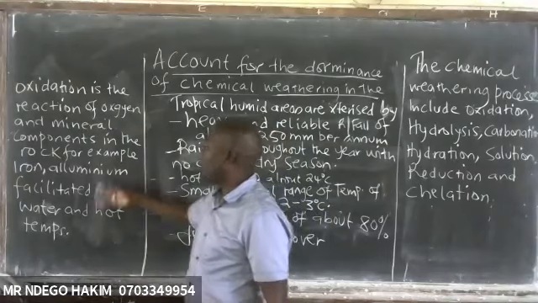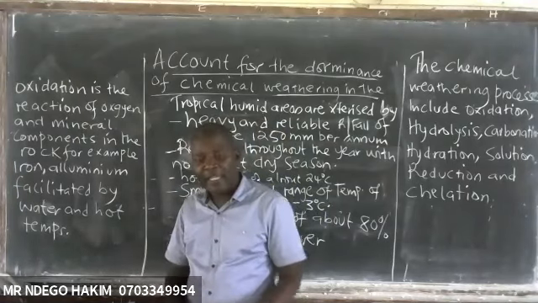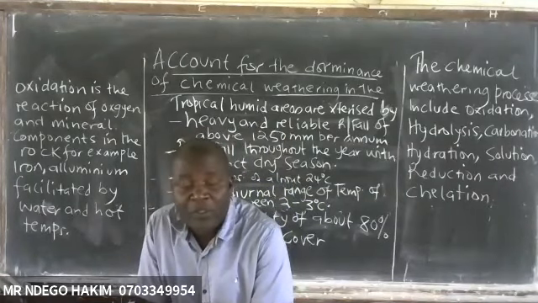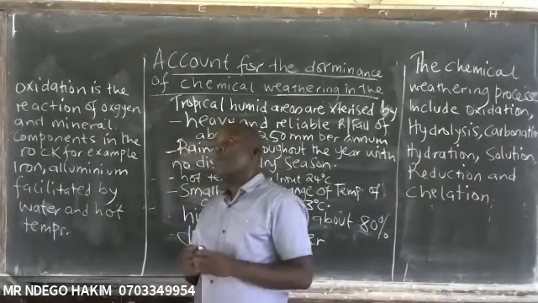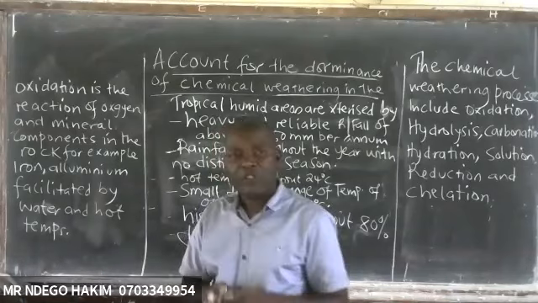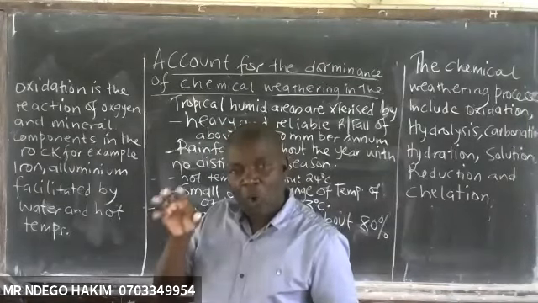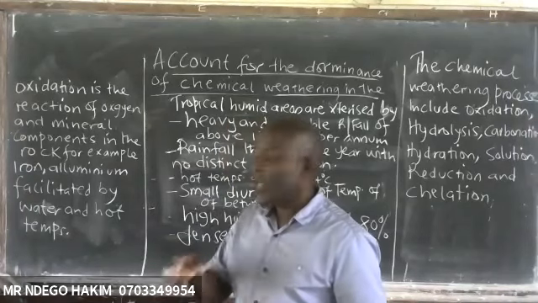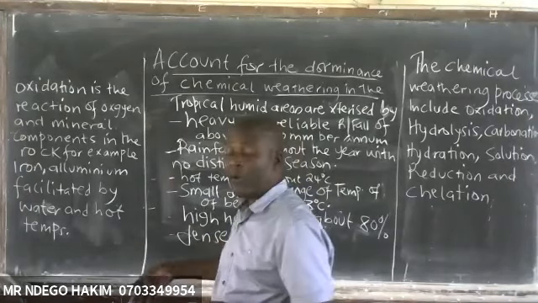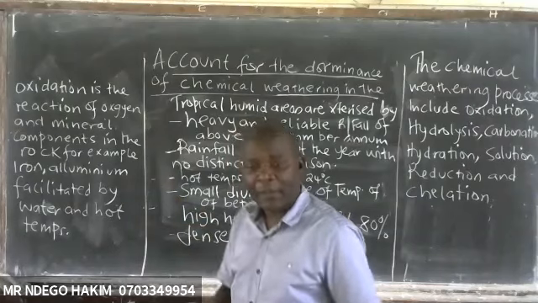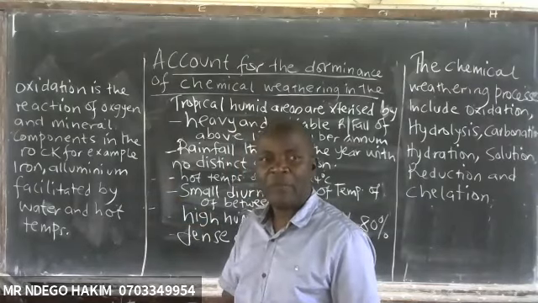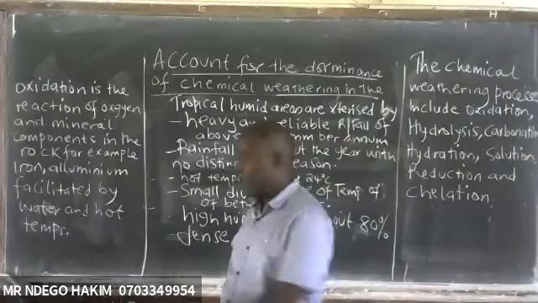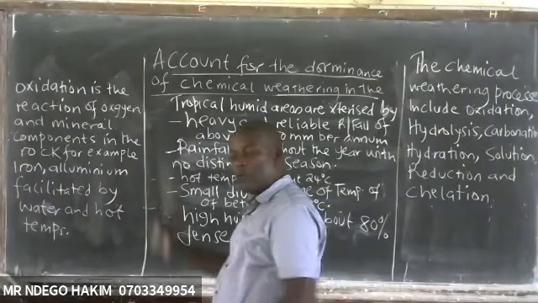So when these mineral components react with the oxygen, there's going to be a change in the chemical nature of the rock. And we say that process of chemical weathering is called oxidation. It's derived from the word oxygen. It's the process whereby oxygen is added to the mineral components of the rock, like iron and aluminium, changing basically the color of the rock, sometimes to reddish brown. That is oxidation. That's enough brief description of oxidation.